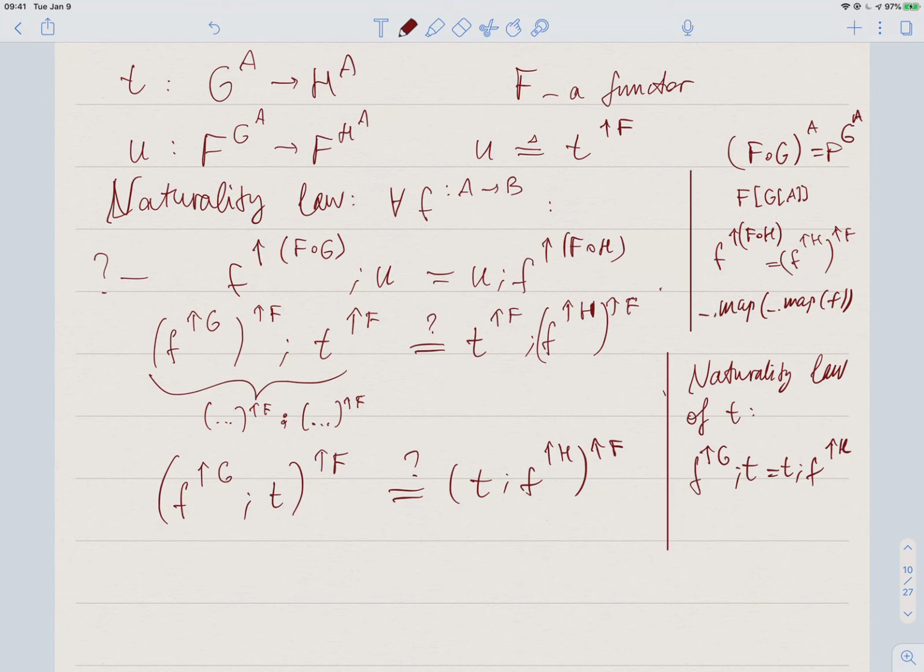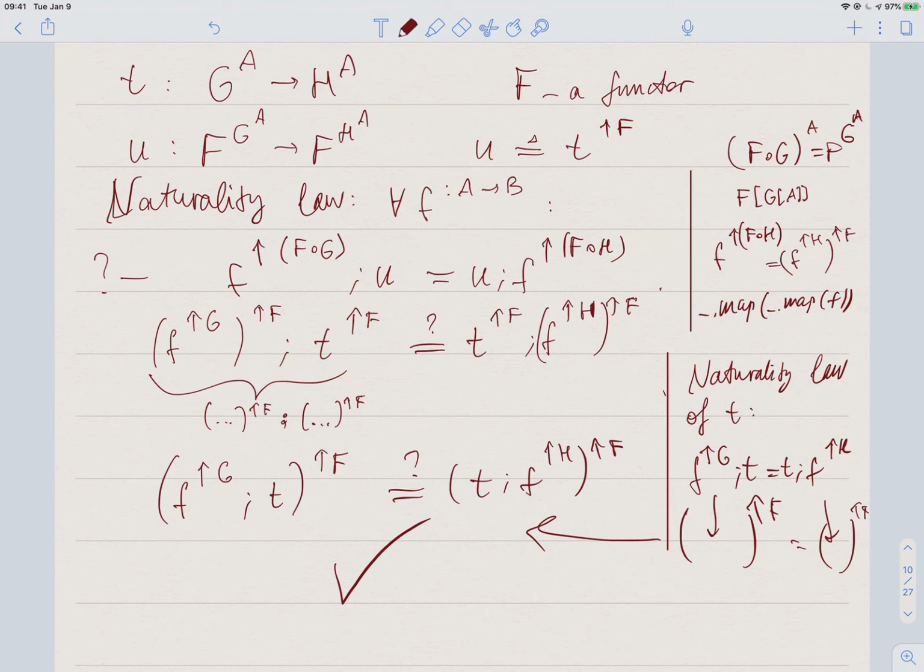And this is exactly what we have here. And so all it remains for us to do is to raise both sides of this to the functor f. And we get this equation. So we have proved the naturality law for the natural transformation u.